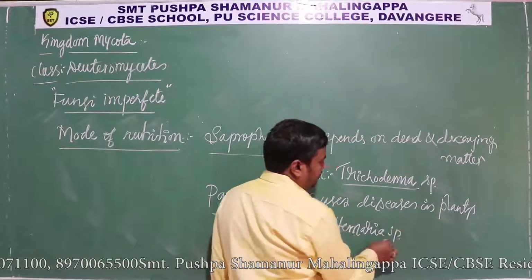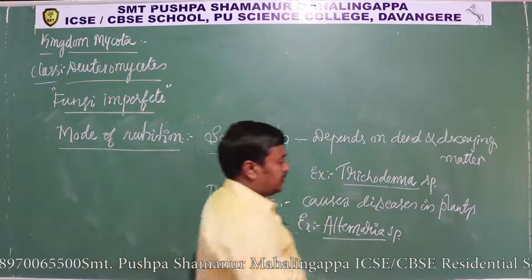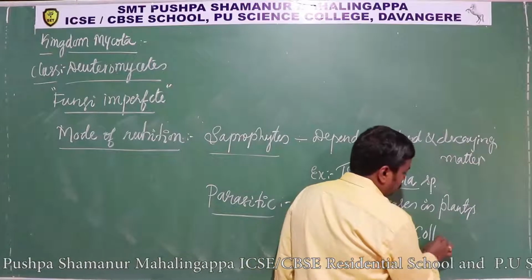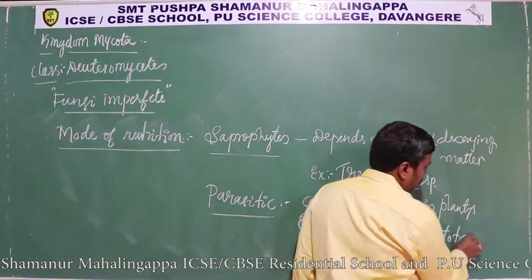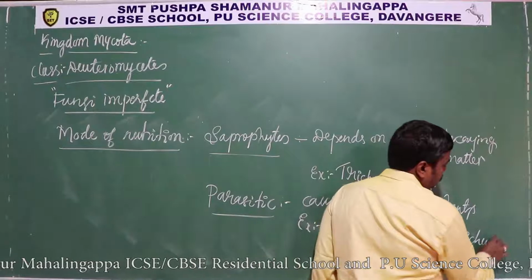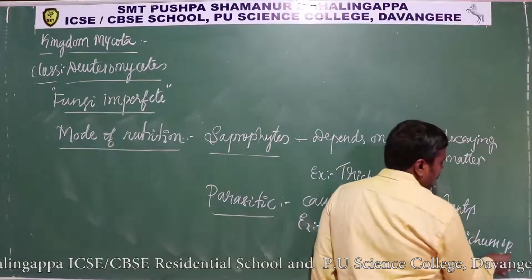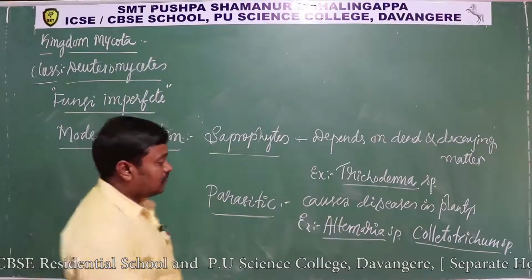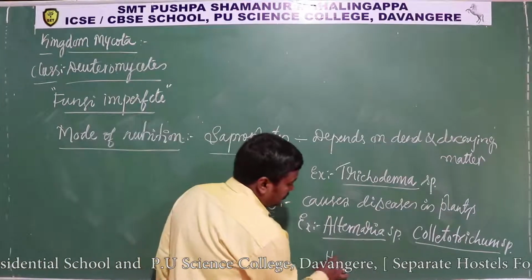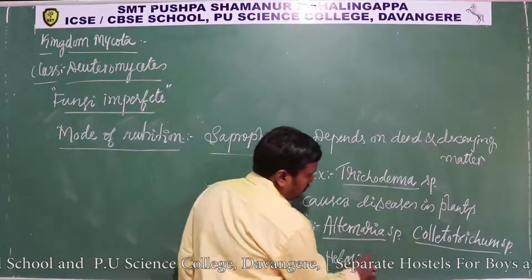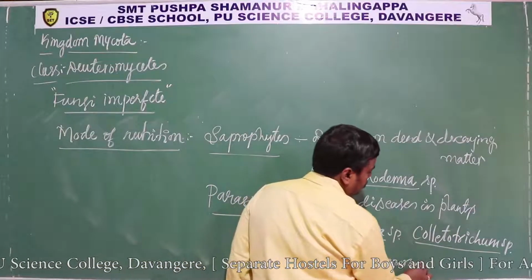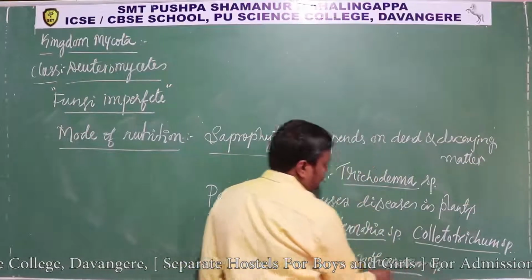Alternaria species. Okay, Alternaria species is there. Then Colletotrichum species. Okay, Alternaria, Colletotrichum. Helminthosporium species.